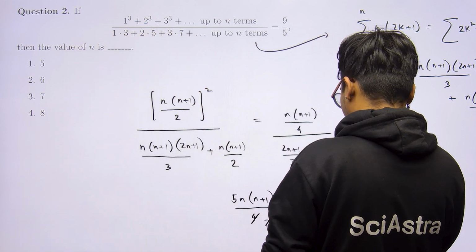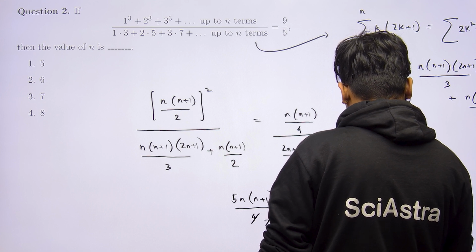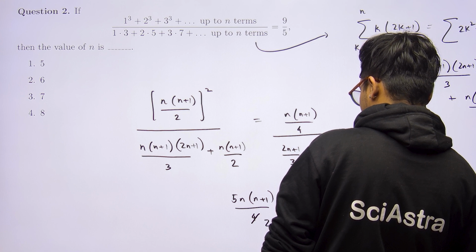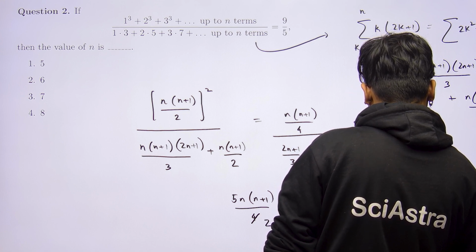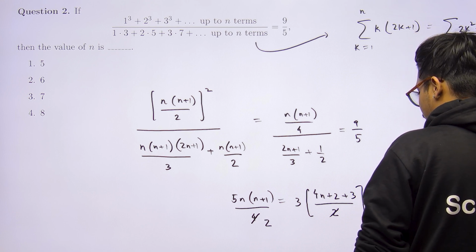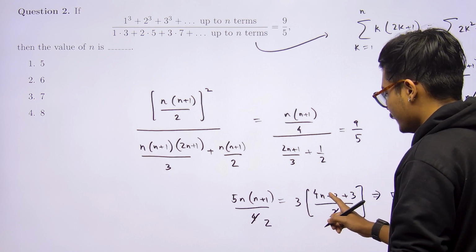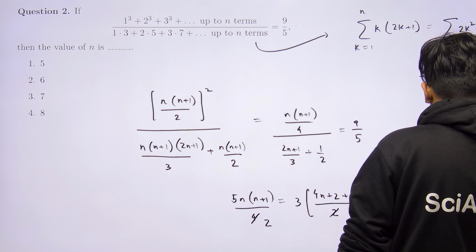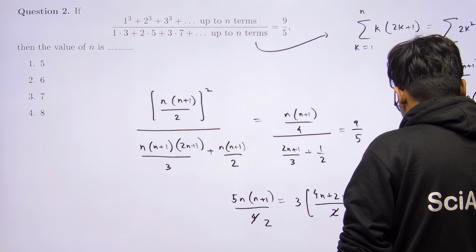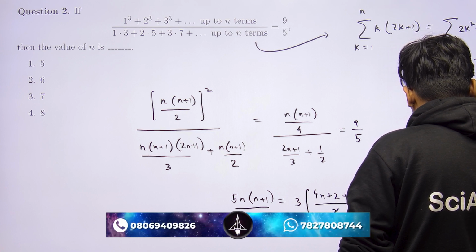So if I cross multiply after this, you'll get 5n² + 5n equal to 6 times 4, so that's 24n plus this will be a 5, 3s are 15, 15 2s are 30, right? Which gives you the quadratic 5n² − 19n − 30 = 0.